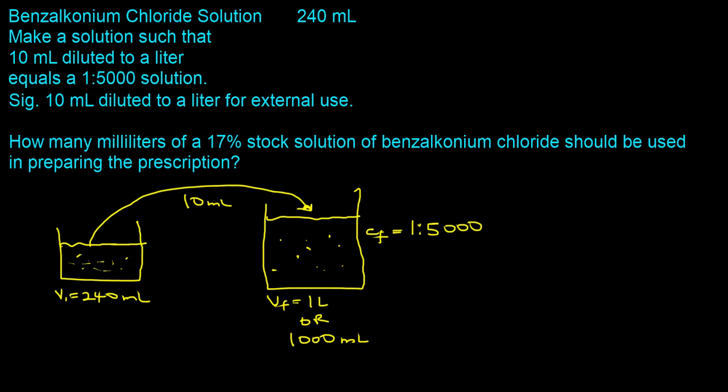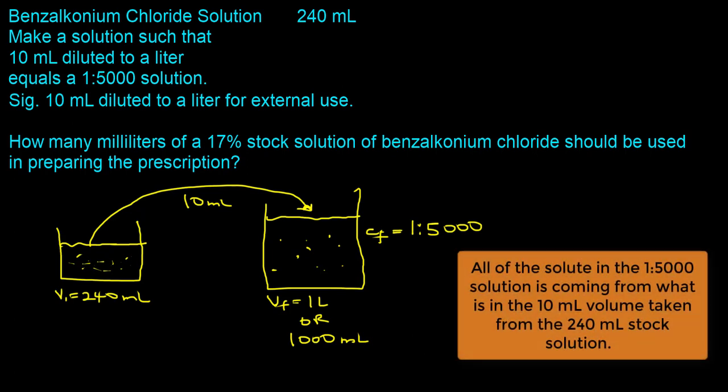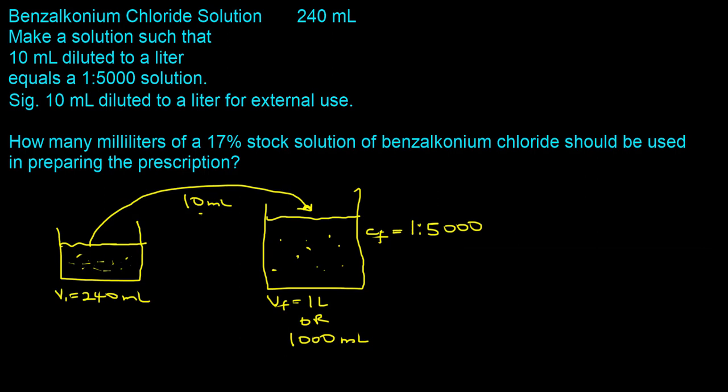So the important thing to note here also is that all of the solute in the 1:5,000 solution is coming from what is in the 10 ml volume that we took from the stock solution. So in this kind of question, it's more or less like you're working backwards to find out what the amount of solute is that you need to actually prepare the stock solution. But let's take a look at the steps that you want to follow to solve these type of questions.